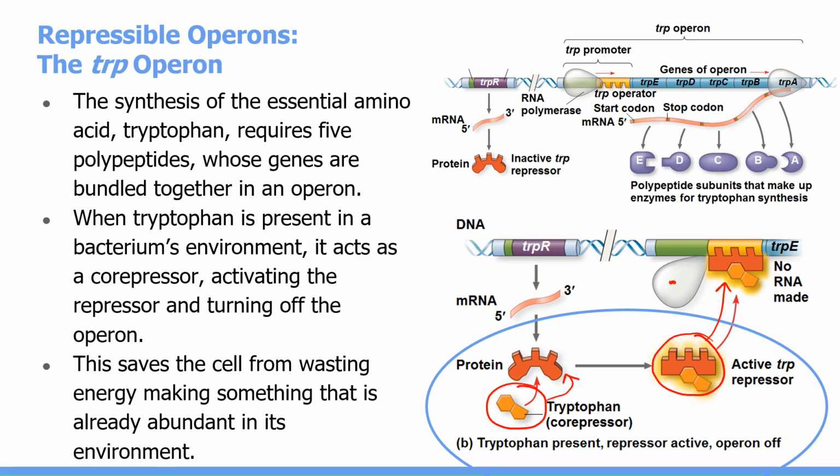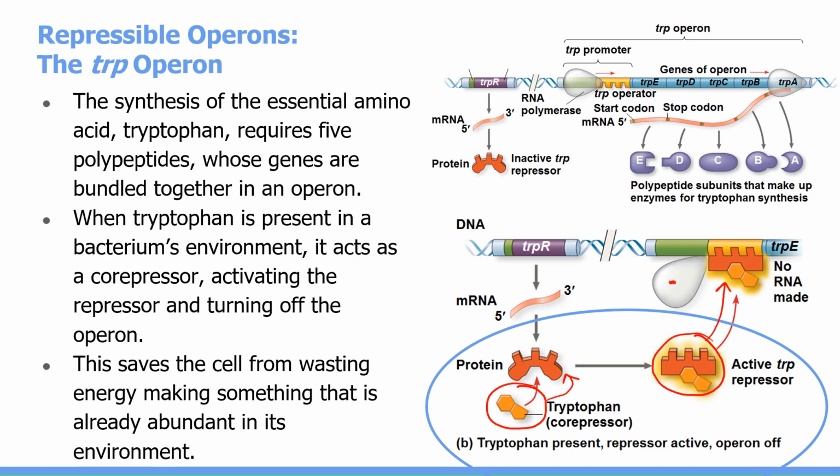This process is very efficient because bacteria will be able to save their energy, because if they're always producing tryptophan when it's not needed, it is a waste of energy and resources for that bacteria.